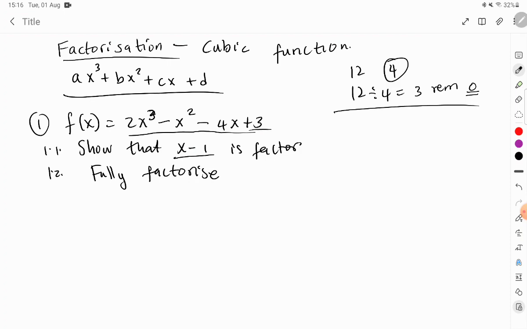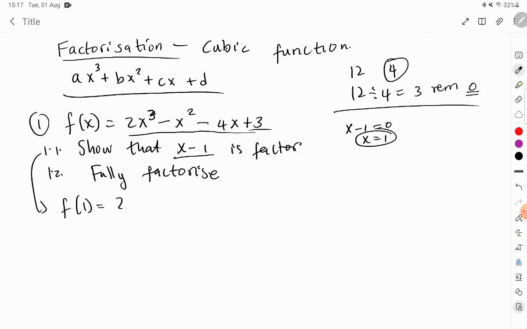But there is a quick way of doing it. Instead of us dividing and going through all the pain, you can quickly do this. Just say x minus 1 is equal to 0, then x is equal to 1, right? Then now we are answering 1.1, right? We said x is equal to 1, then take f of 1.